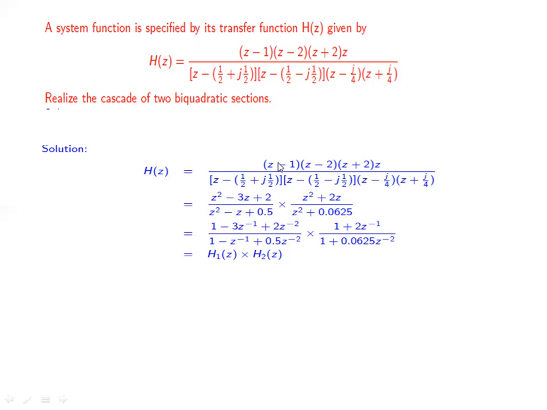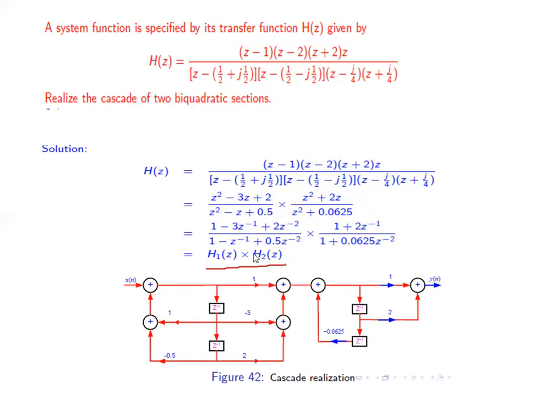If you simplify this equation, we are writing z square minus 3z plus 2 divided by z square minus z plus 0.5, into z square plus 2z divided by z square. Here we are converting these positive powers into negative powers and writing it in the form of h1 of z into h2 of z. So we will realize that equation in this format. If you go through this, you will understand very easily.